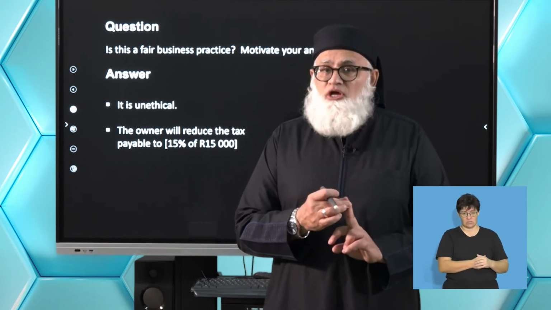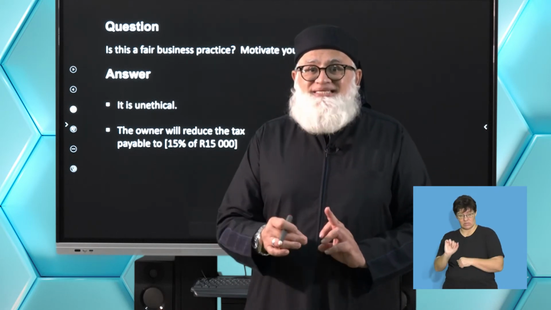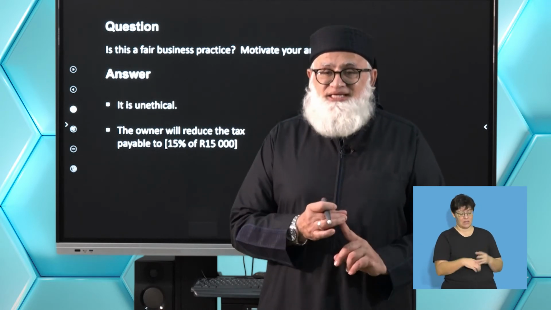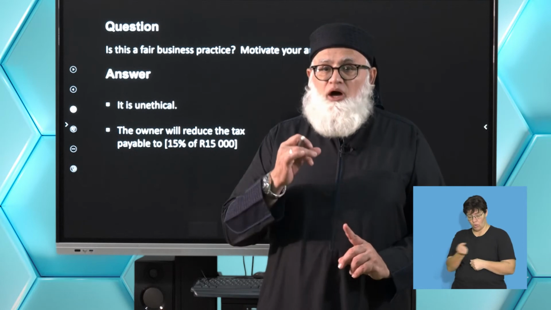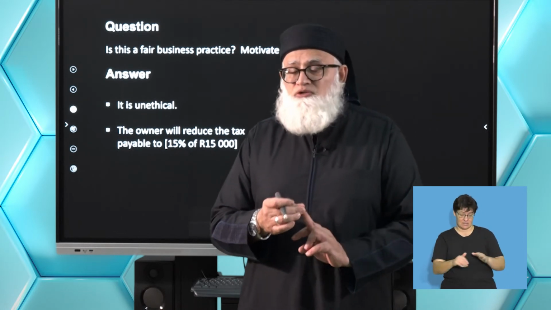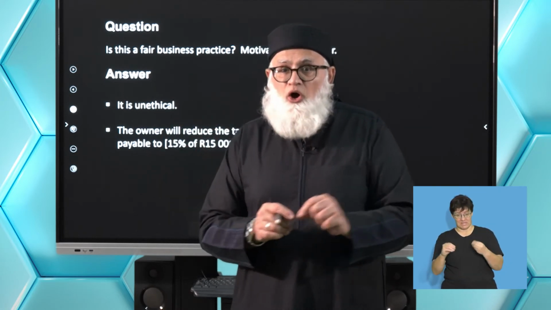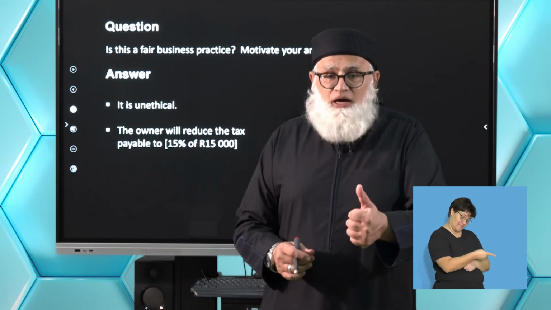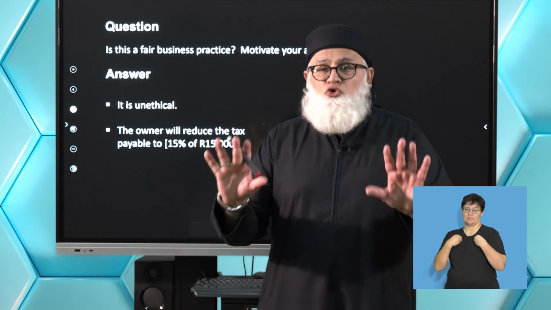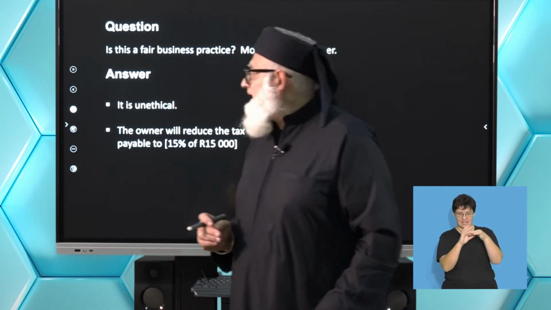The one account, the owner's equity account, represents what the business owes the owner. And number two, the drawings account represents what the owner owes the business. I repeat, the equity account, the capital account, represents what the business owes the owner, and the drawings account represents what the owner owes the business. Two distinct accounts, both relating to the owner.